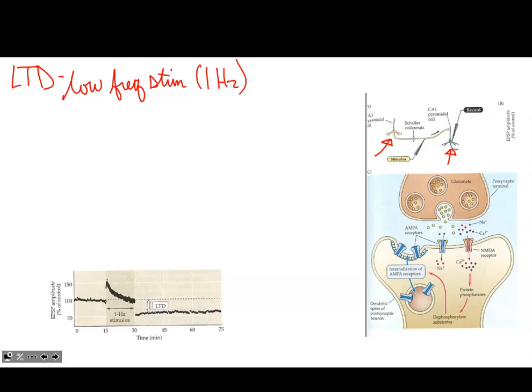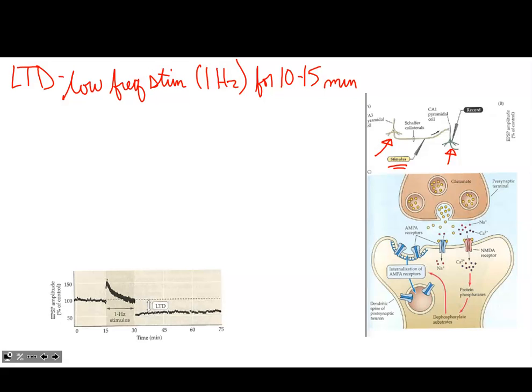A hertz is a measurement of frequency, so 1 stimulus per second. That's a 1 hertz stimulus, for about 10 or 15 minutes, which is enough to induce LTD. So this stimulus is going to be given every second for 10 to 15 minutes.